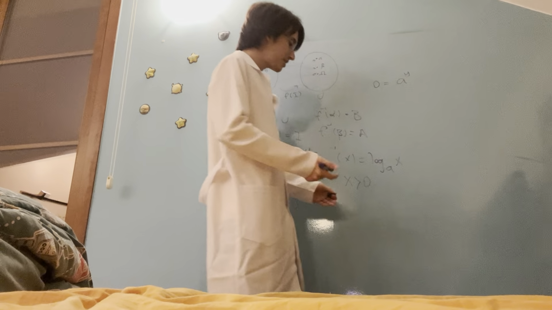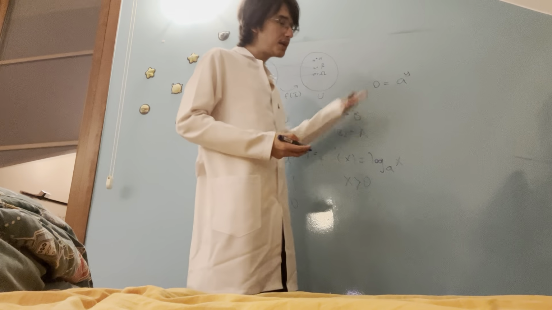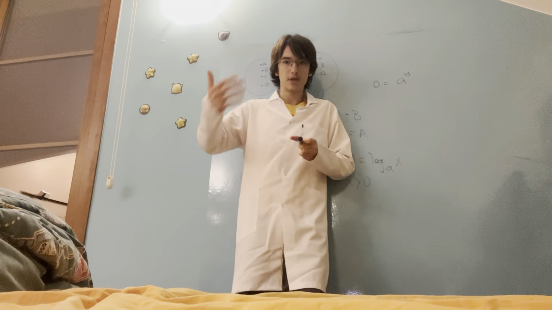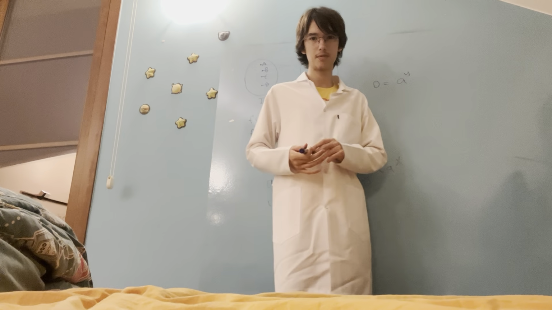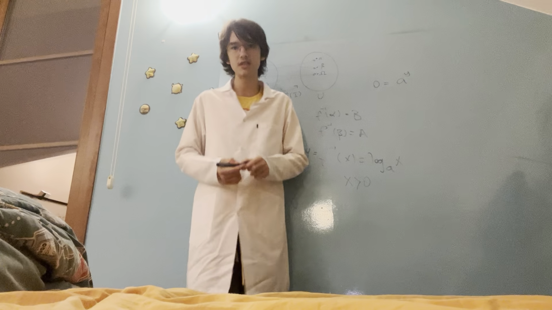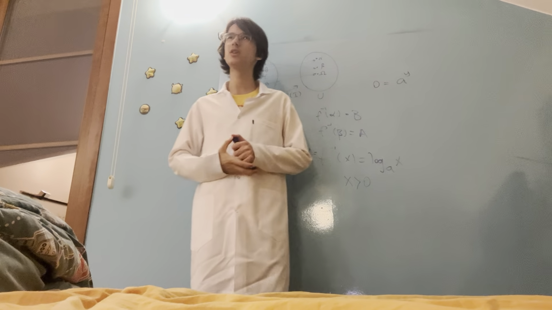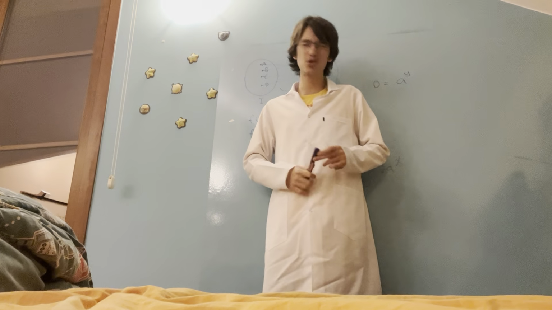So it can obviously not be 0, and it can't be negative because a positive value raised to the power of anything basically is a positive value. I will show this in greater detail when we go to the graphs of logarithms, so be sure to remind me on that.